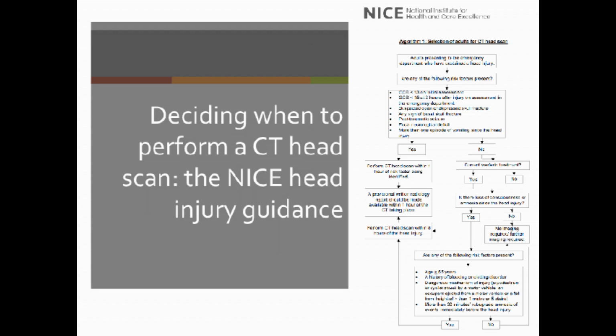Following the algorithm down, this guidance just applies to adults, and you look for a list of initial risk factors which are listed in the third box down.